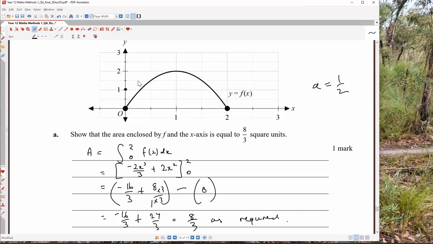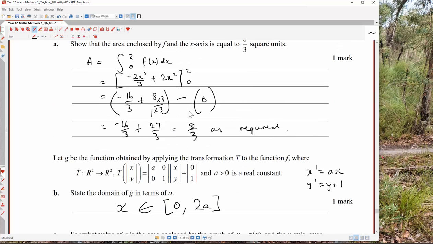I don't know whether this is the answer or not, but if a is a half, that becomes there, and that will go to there. So this is what my parabola will look like, and this is the area underneath it. So the question is saying, when will this area of the transformed function equal the area underneath the original function, i.e. when will it be 8 on 3?